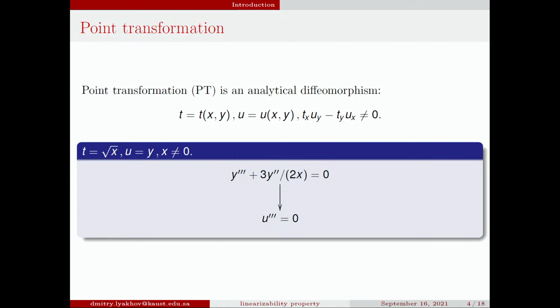Firstly we have a nonlinear ODE. After we make some change of variables, which we call a point transformation, like here t equals the square root of x and u equals y, we can transform this nonlinear ODE to the trivial case, u''' equals 0.